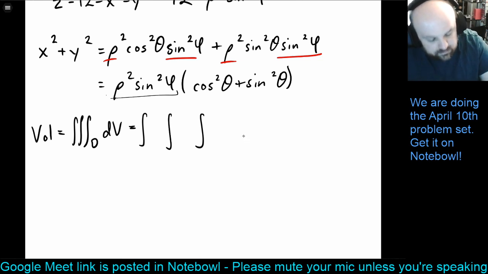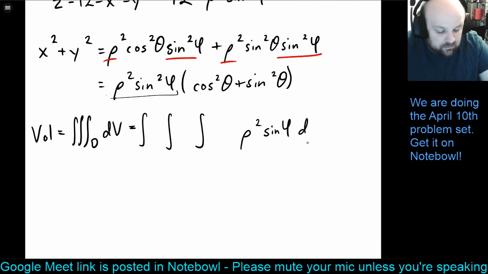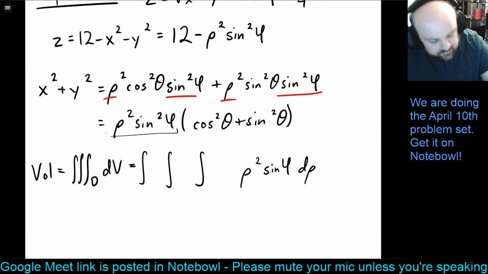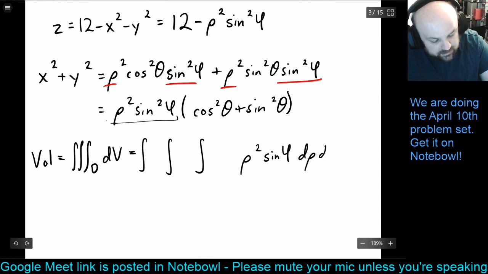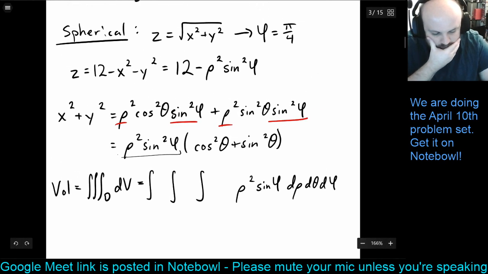Remember dV, what does that turn into? Rho squared sine phi d rho d theta d phi. Here, we'll want to integrate d rho first. Let's see. Is this a wise choice?